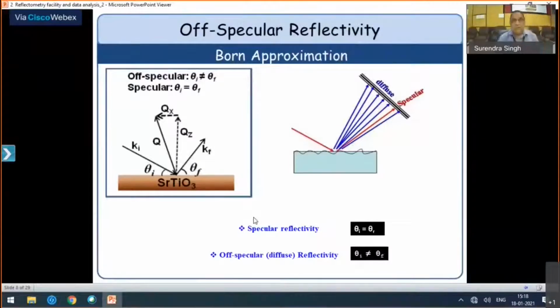This is totally the specular part. We discussed X-ray specular reflectivity. We discussed the polarized neutron reflectivity, which gives the magnetization depth profile.